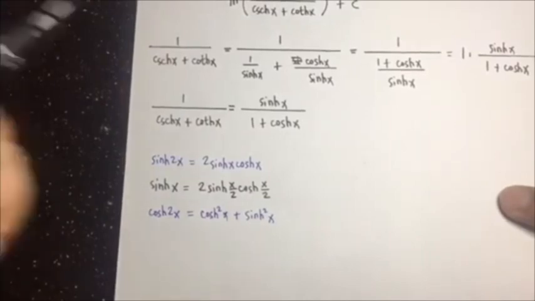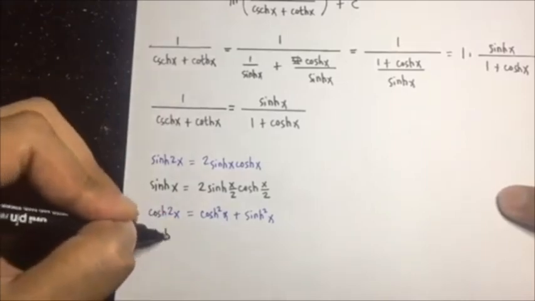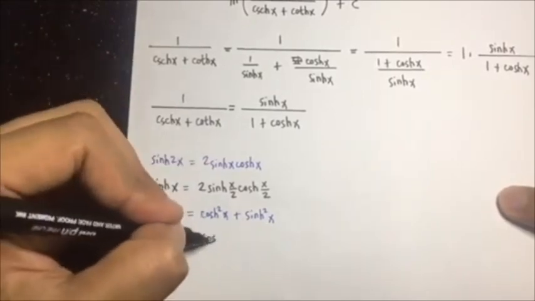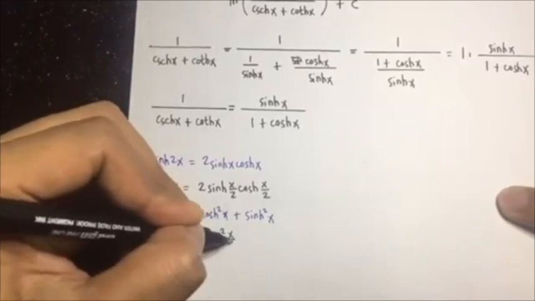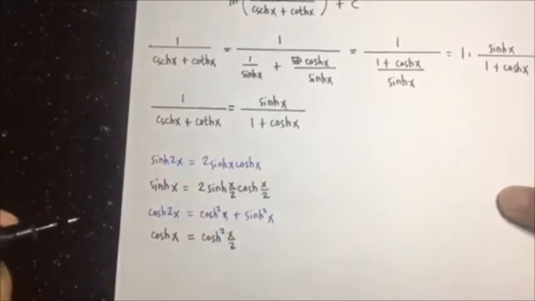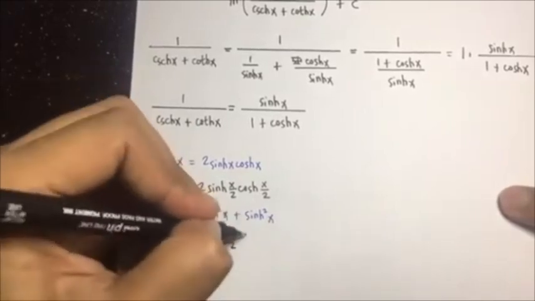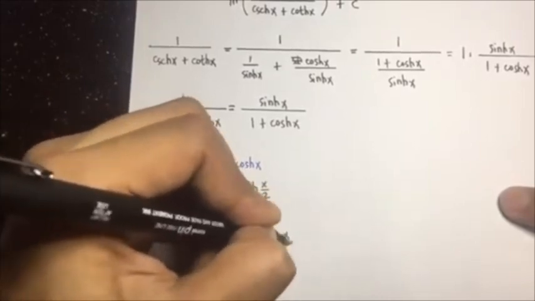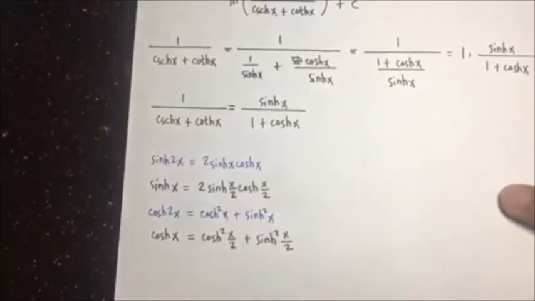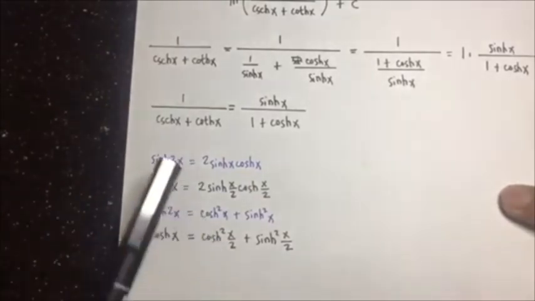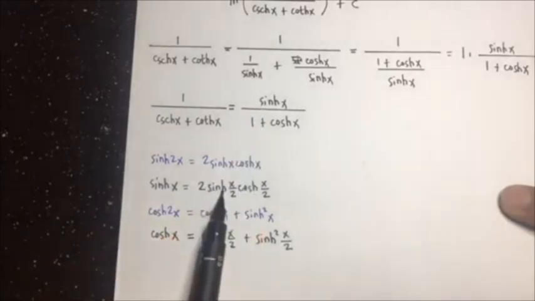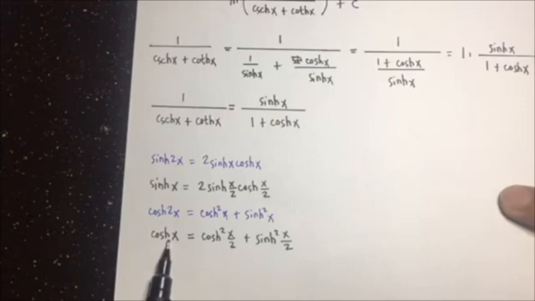So therefore, we can also say that the hyperbolic cosine of x is equal to hyperbolic cosine squared of x over 2, plus hyperbolic sine squared of x over 2. Okay, so we can replace hyperbolic sine of x with this, and hyperbolic cosine of x with this.